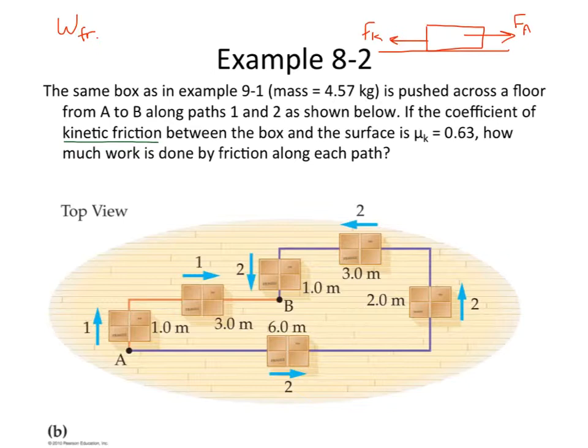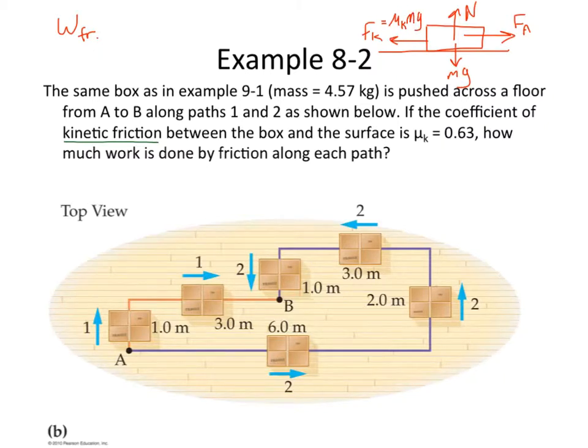The kinetic friction is created by the fact that we've got mg acting downwards, and then the normal force between the floor and the box. So Fk, the kinetic friction force, is the coefficient of kinetic friction times the normal force, which in this case equals mg. So mu k times mg is the friction force acting right there.